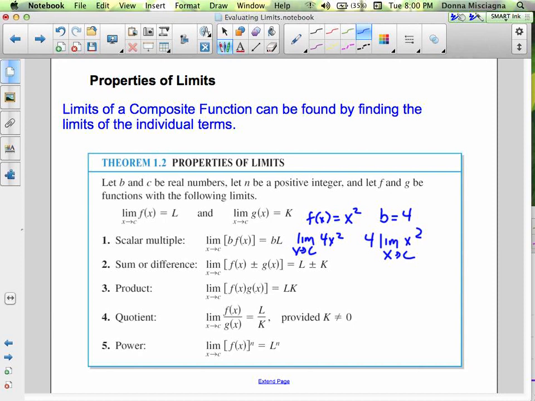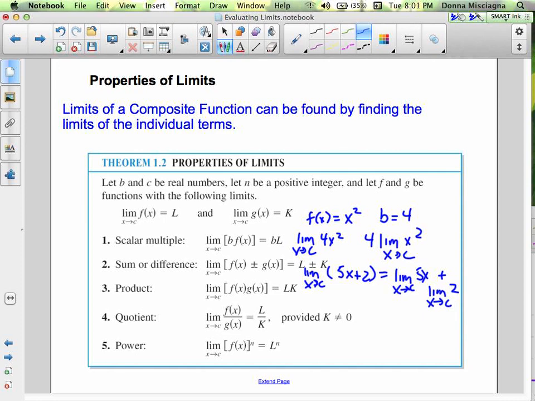So for instance, if I had the limit as x approaches c of 5x plus 2, that would be the same as the limit as x approaches c of 5x plus, I'm running out of space, I'll just squeeze it in here, the limit as x approaches c of 2. So the limit of a sum is the exact same thing as the sum of the limits.